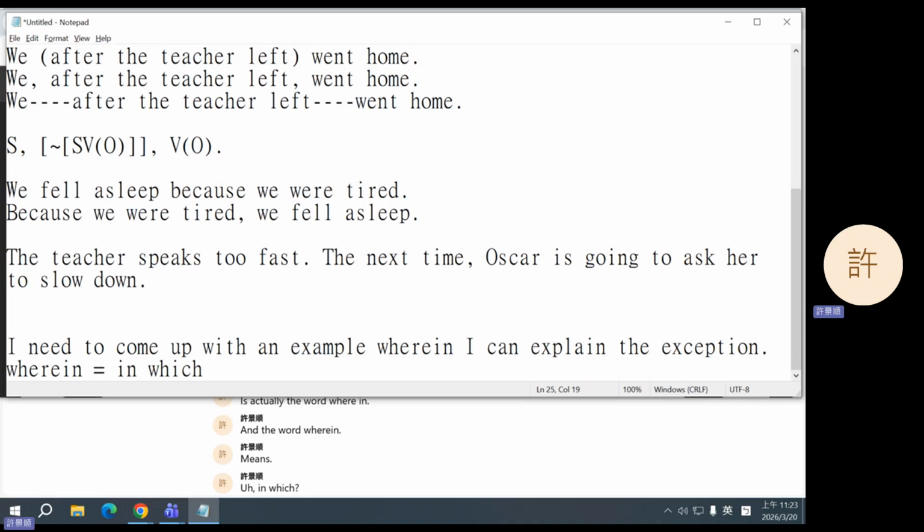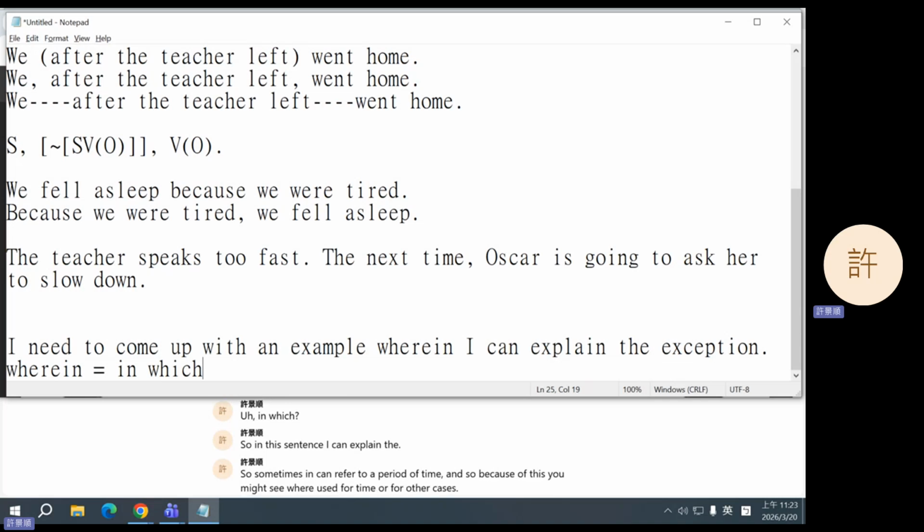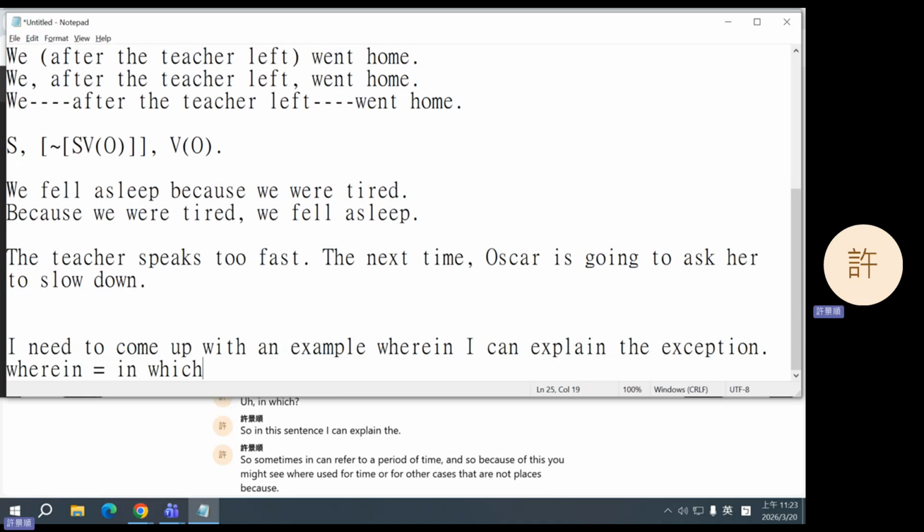So in this sentence, I can explain the meaning. Sometimes in can refer to a period of time. And so because of this, you might see where used for time or for other cases that are not places, because it's not where, it's wherein.